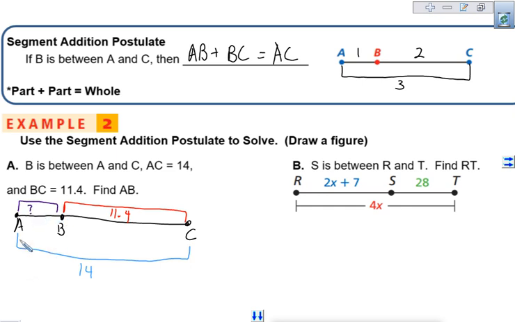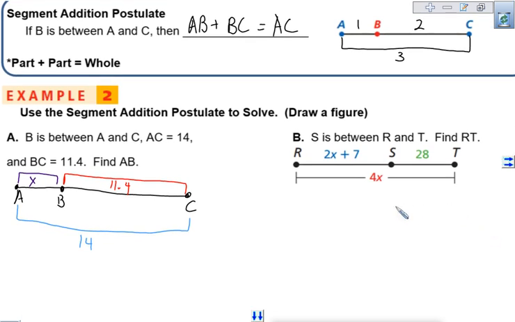So when we're looking for something that is X, I want you to set up an equation every time for these. Again, it's part plus part equals whole. So we have X plus 11.4 equals 14. Because we added our two smaller parts and it equals the entire larger segment.